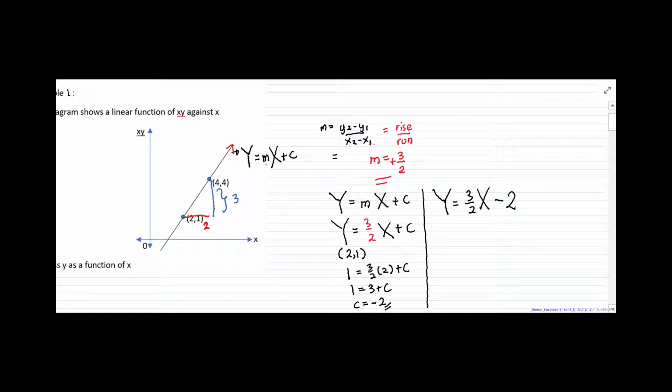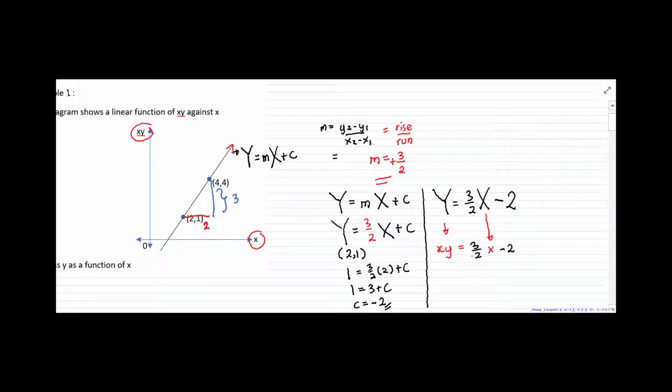We have this straight line equation, but be careful, the axes are not y and x, they are xy and x. So this big Y represents xy and this big X represents x. So I can write like this, xy equals to 3 over 2 x minus 2.